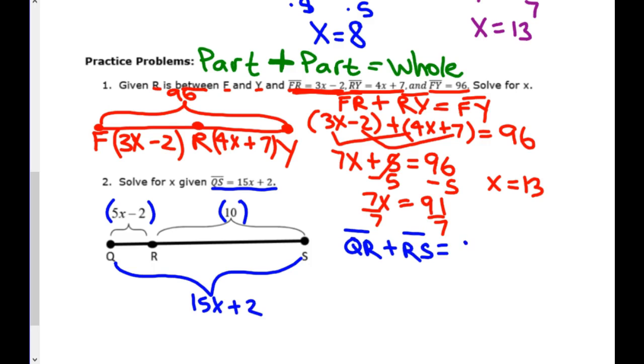And that's going to equal the whole thing, which is QS. Let's fill it in with what we know. QR is 5x minus 2. And I'm sorry, there's not a lot of room on your page. Try to write small. Plus 10. QS is 15x plus 2.